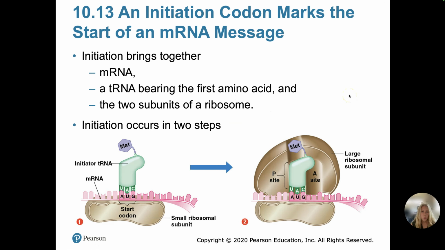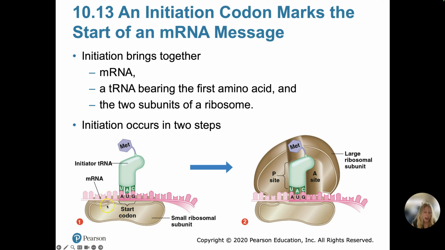Initiation, which is the first step of translation. Initiation brings together mRNA, a tRNA bearing the first amino acid, and the two subunits of a ribosome. And initiation occurs in two steps, which are shown below. In the first step, we only have the small ribosomal subunit that has assembled. The mRNA, see this non-coding sequence here that helps facilitate the binding.